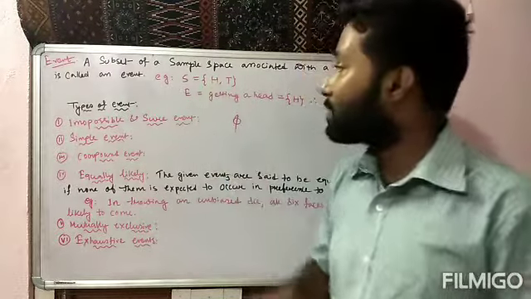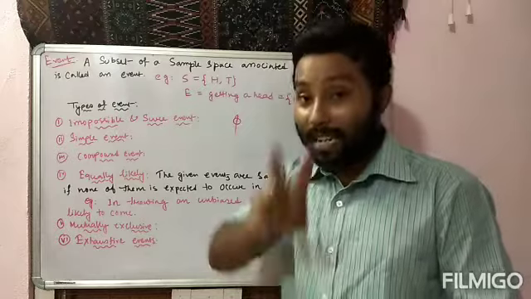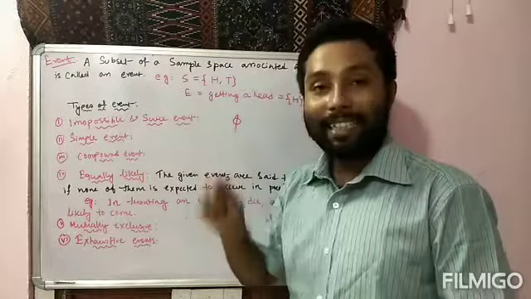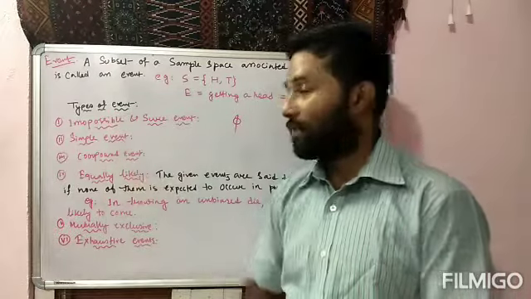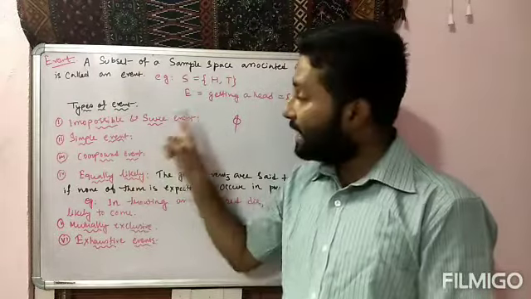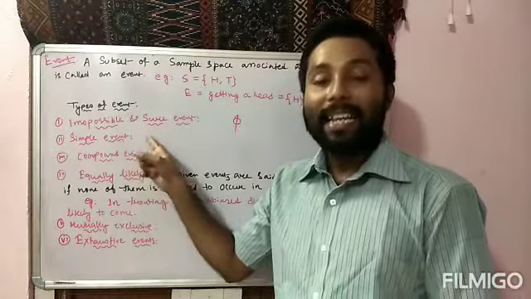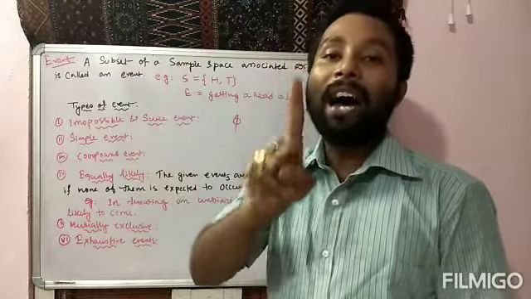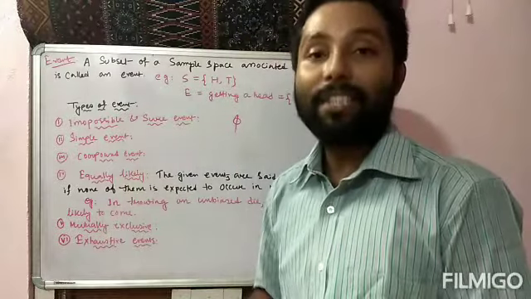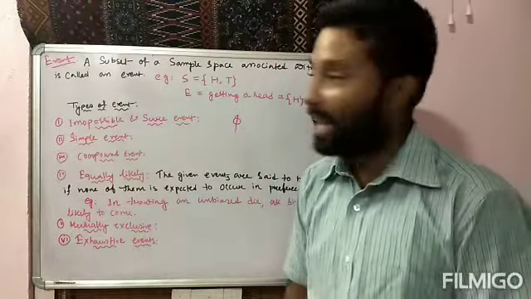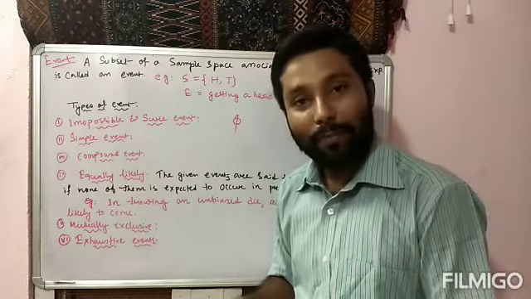In this sample space how many sample points are there? 2, head and tail. So these are called sample points. Okay, now what is the definition of simple event? If an event has exactly one sample point of a random experiment, it is called a simple event. Okay, can you give one example of simple event?